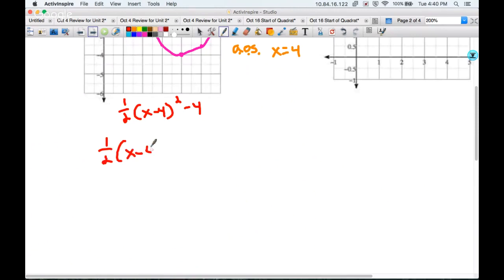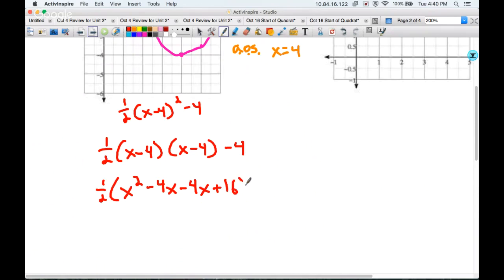One half, x minus 4, x minus 4, minus 4. One half x squared minus 4x minus 4x plus 16, minus 4. One half times x squared minus 8x plus 16, minus 4.